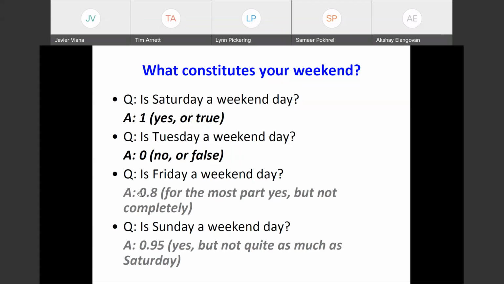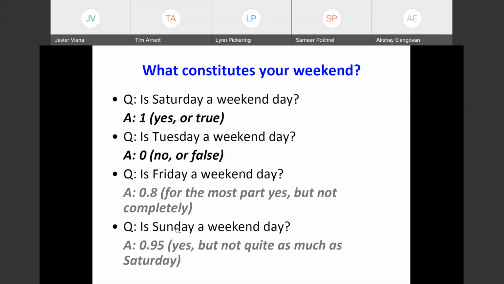And so there may be some score in between that you would like to assign to it, where you'd say 0.8, it is mostly a weekend day based on the aspect that you have people leaving work early, you have people going out that night, doing things like that. But not completely. You still have to work that day, at least for the most part of the day.